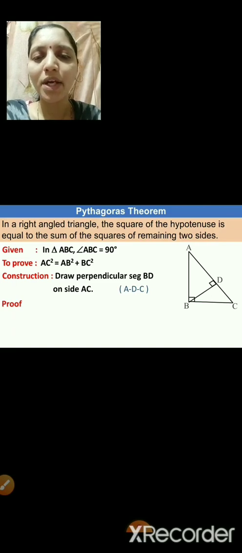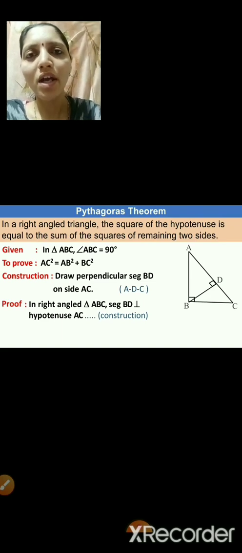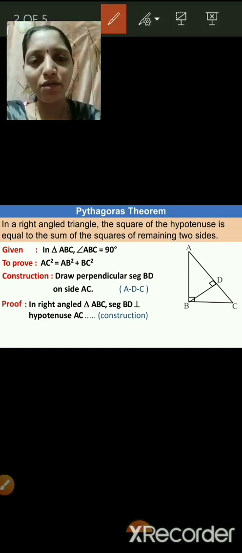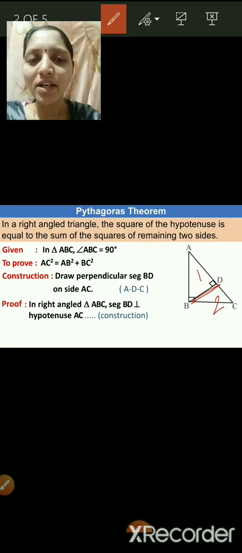In the beginning of the proof, we will write about the construction. In right angle triangle ABC, segment BD is perpendicular to hypotenuse AC, and the reason we have to write as construction. Now if you observe this figure carefully, you'll find that due to this construction, triangle ABC is divided into two triangles. Which are those two triangles?